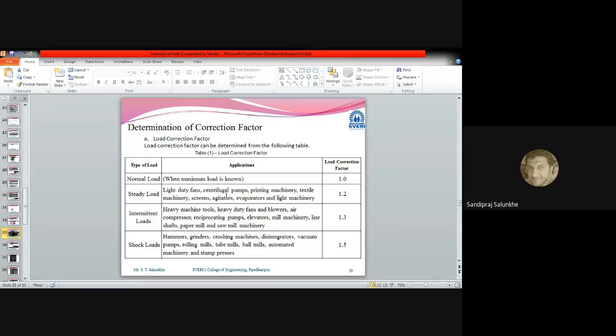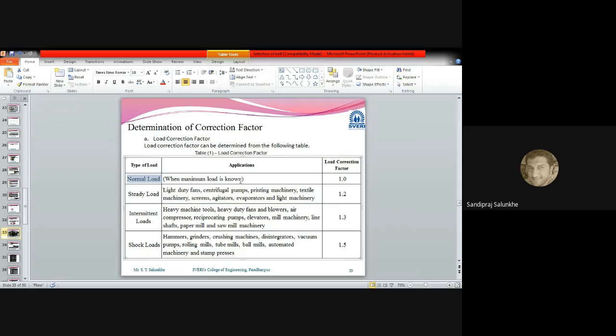For example, we consider a normal load when the maximum load is known. What is the maximum load which is coming? Suppose we are designing that belt drive for 2.2 kilowatt, and that will be the maximum, above which we know that load will not vary, or there is no possibility of increasing that load.